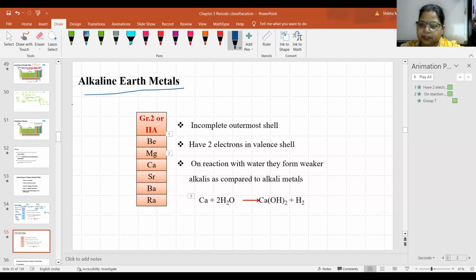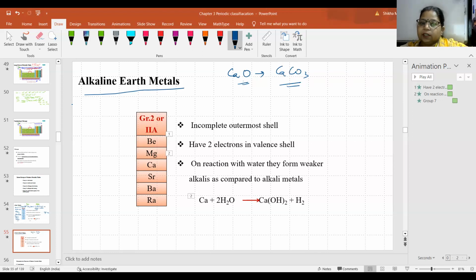Nothing is man-made there. But in ancient times, calcium oxide and calcium carbonate were used for whitewashing, right? They are found in the form of rocks.